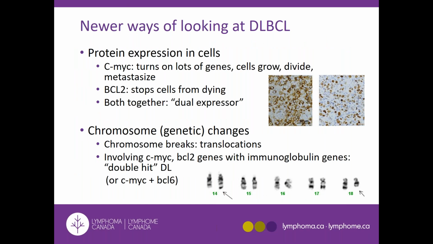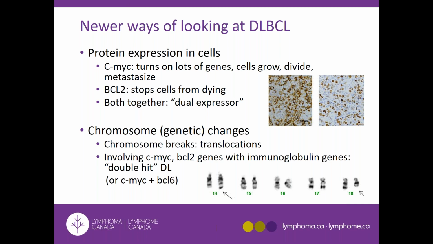However, there are newer ways of looking at diffuse large B-cell lymphoma, and this is important information we gather from the pathology specimen. So there are some proteins that get expressed by the lymphoma cells, something called c-MYC and something called BCL2, and these, when turned on, stop the cancer cells from dying.